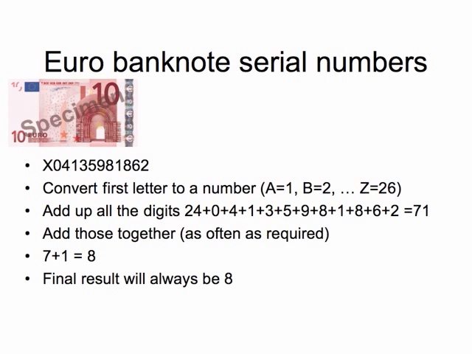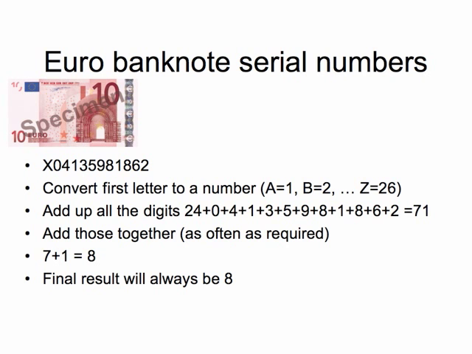Euro banknotes use checksums for the last digit of the serial number. Now, the first digit of the banknote is a letter, and that letter tells you the country that the banknote was printed in. Anyway, whatever about where the note came from, you convert this letter to a number. So A gets 1, B becomes 2, C becomes 3, and so on all the way up to Z gets 26.